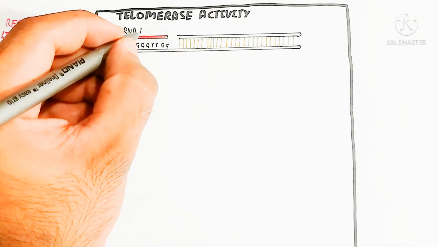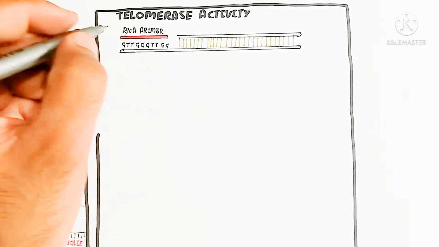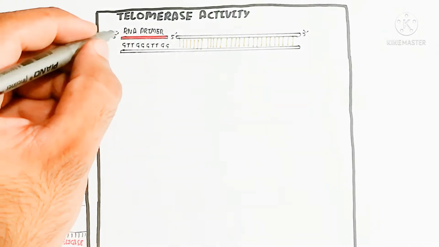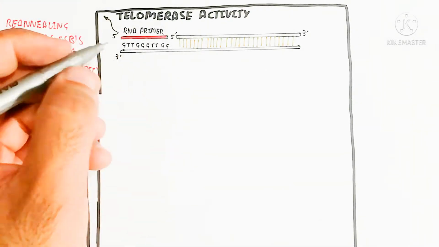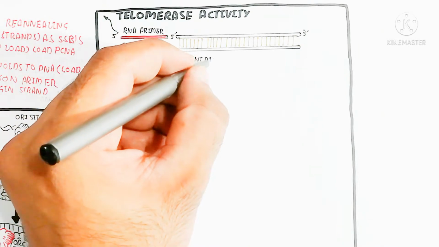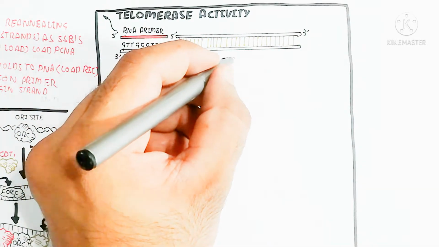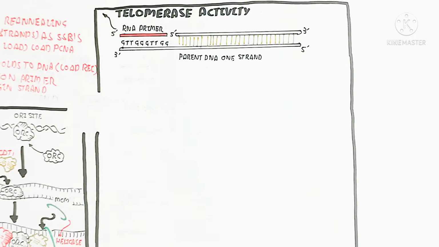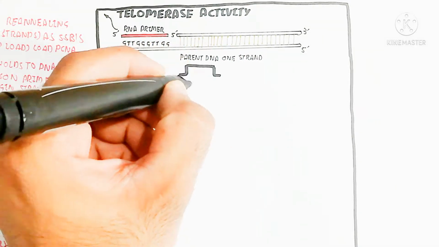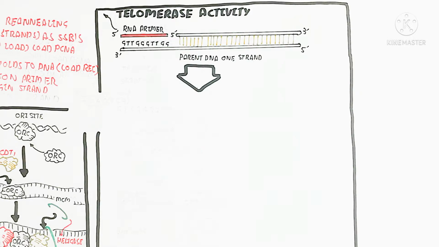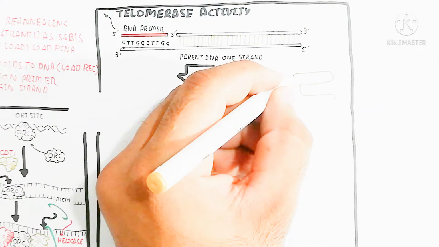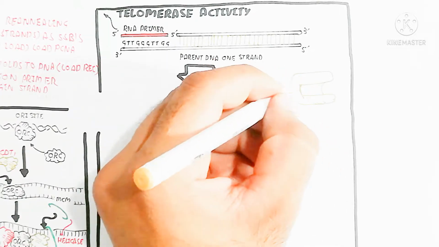So here the RNA primer will be released after the replication. The GGGTTG sequence is basically the telomeric sequence. When the RNA primer is released, the parent DNA strand is here, and here the daughter strand will occur.